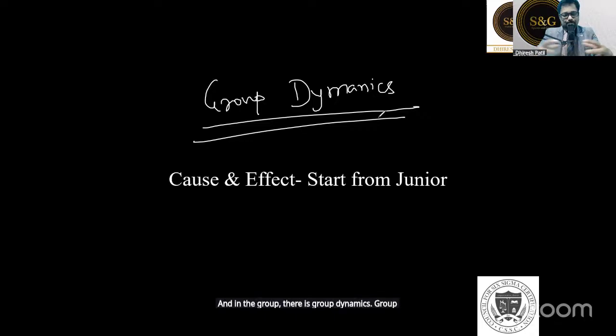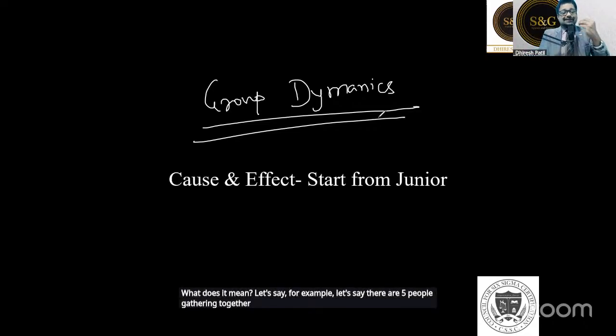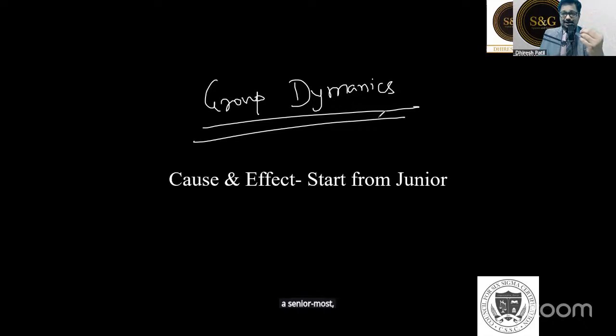Group dynamics meaning in the group, there emerges one leader. What does it mean? Let's say, for example, there are 5 people gathering together. A senior most, experienced most, or influential most person becomes an informal leader of that group. For your project also, maybe a head of the department is there in the group.